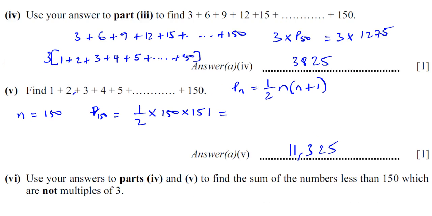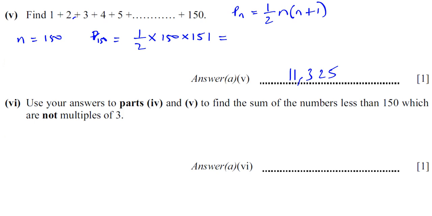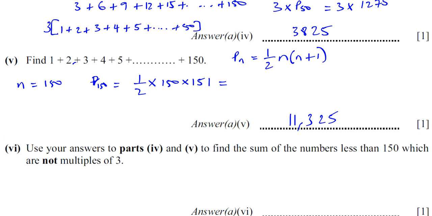Now, part 6 says use your answers to part 4 and to part 5 to find the sum of the numbers less than 150, which are not multiples of 3. So here we have the sum of all the numbers which are 150 and less, includes 150.